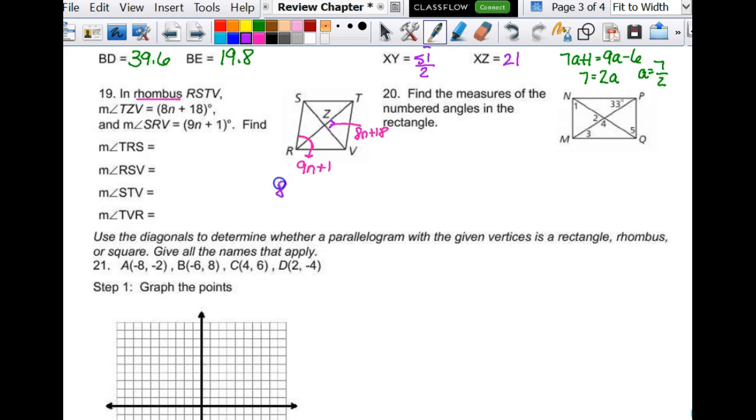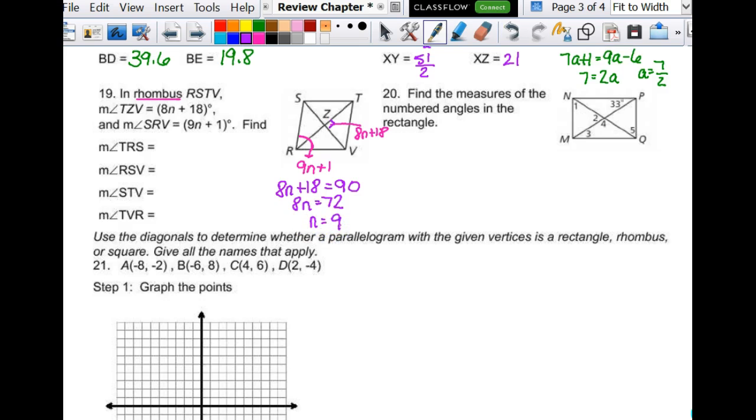So I can say 8N plus 18 equals 90, which means 8N equals 72, and N equals 9.